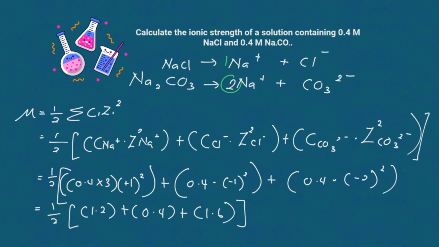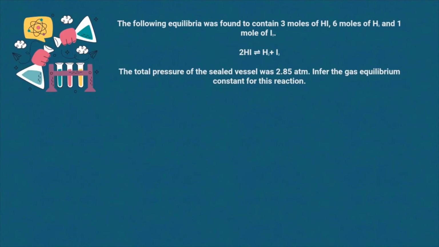So after you have calculated all of this, you should get the ionic strength for the solution as 1.6. So this is the final answer for question number 3B.